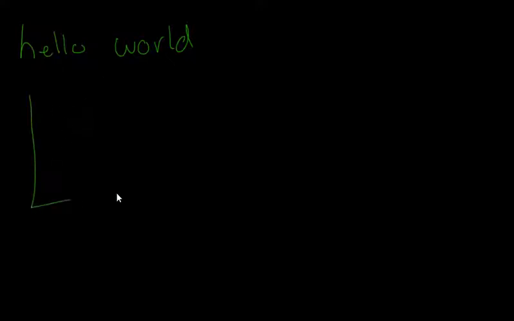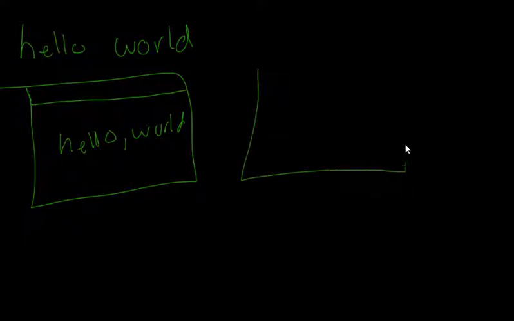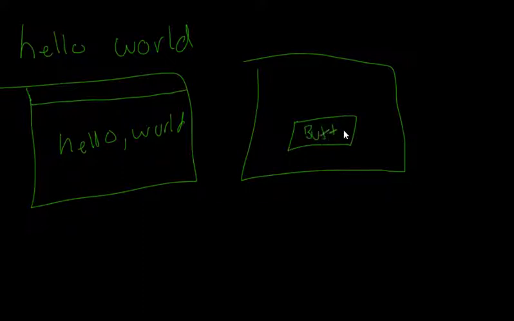To one person that might mean, oh, I need to create a window and it needs to say hello world. But what that person could actually have meant is something like a button, and once you press that button, it says hello world.